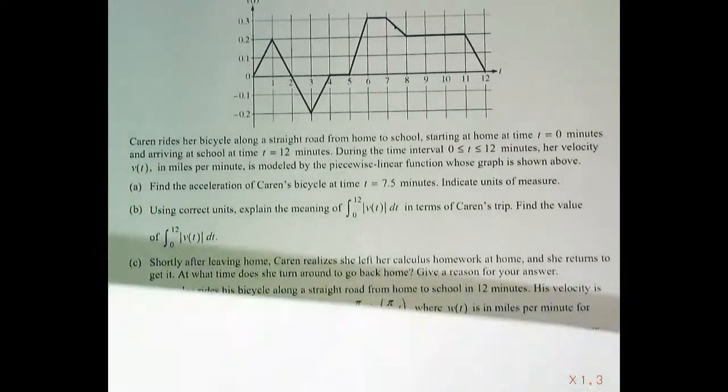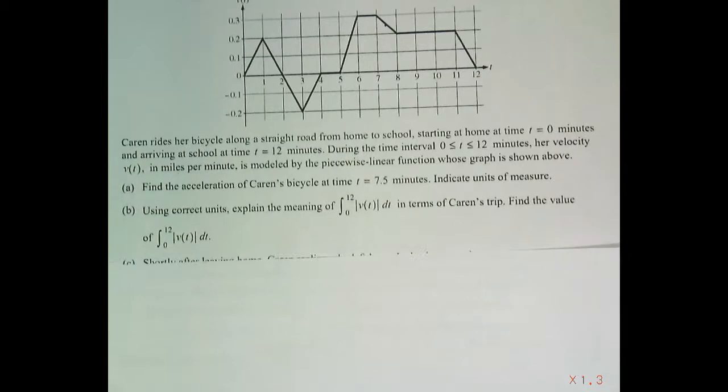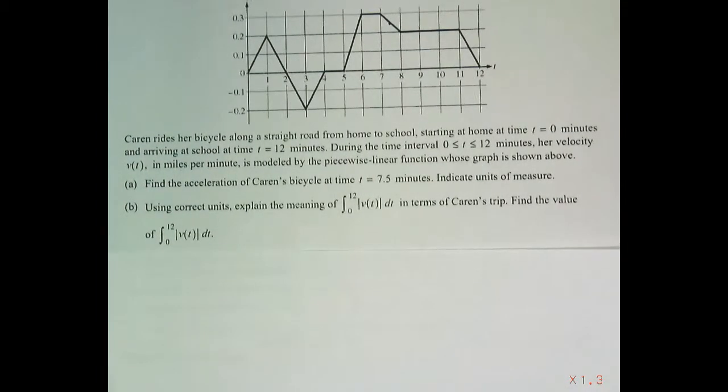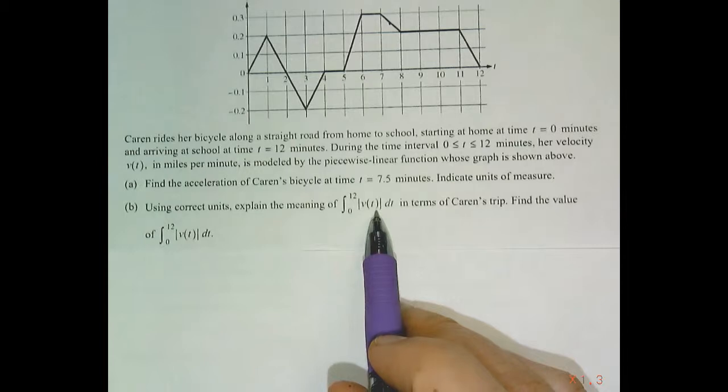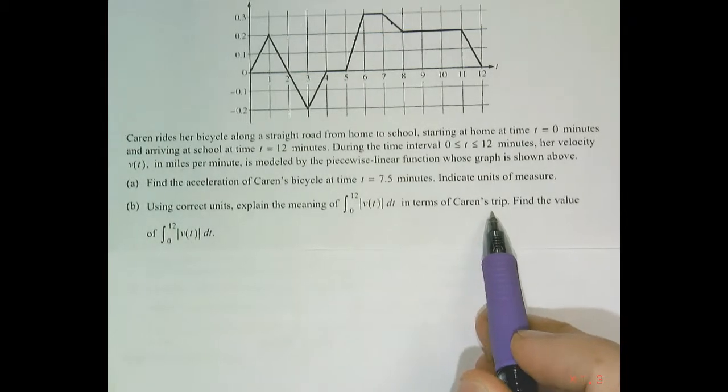Moving on to part B, using correct units, explain the meaning of the integral 0 to 12 of the absolute value v of t in terms of Saren's trip.